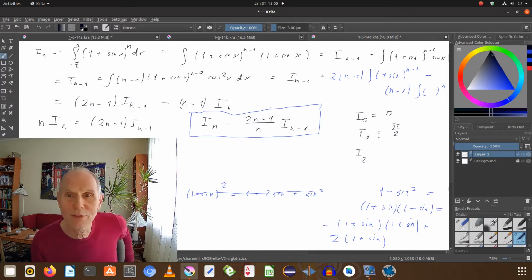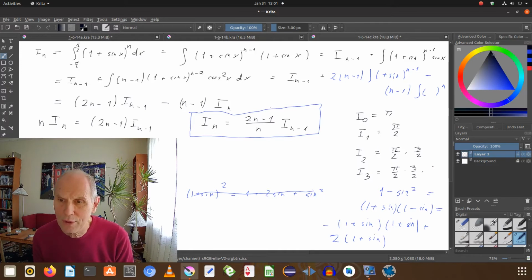Of course we can't do the partial integration there. So from here on it should work. I2, that's 3 halves. I3 equals times 5 thirds.